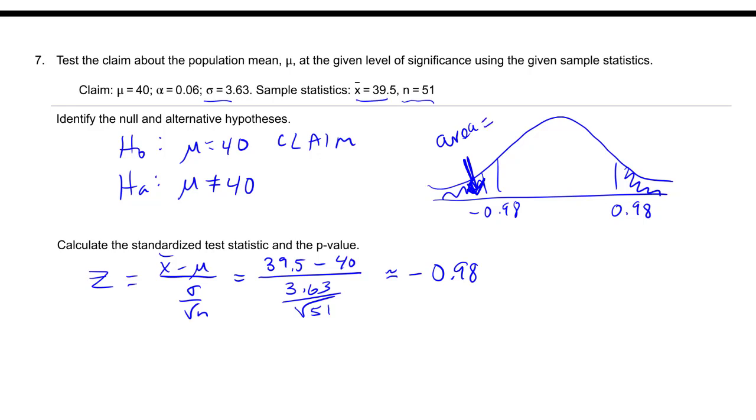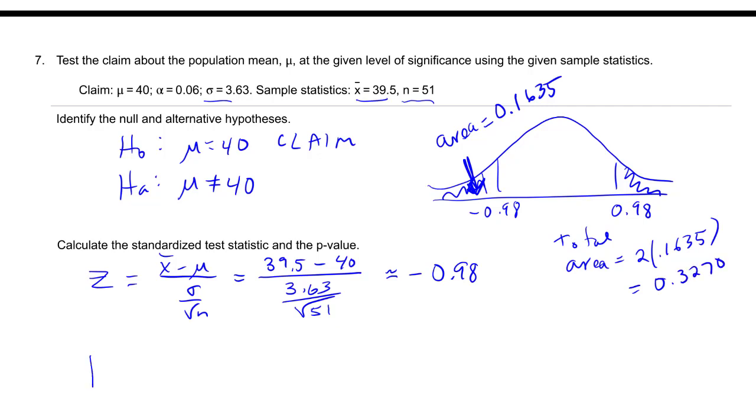If you put that into Excel, I'm going to skip some steps here, you're going to find that you get 0.1635, which we're then going to have to double. So the total area would be double that. In other words, 0.3270.